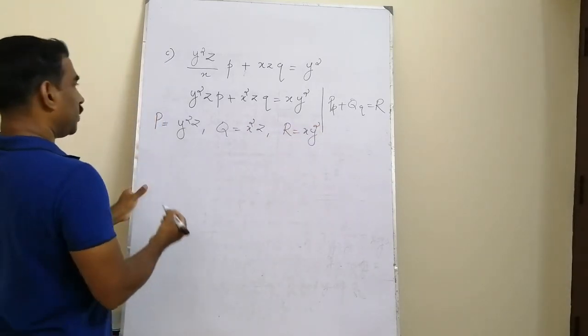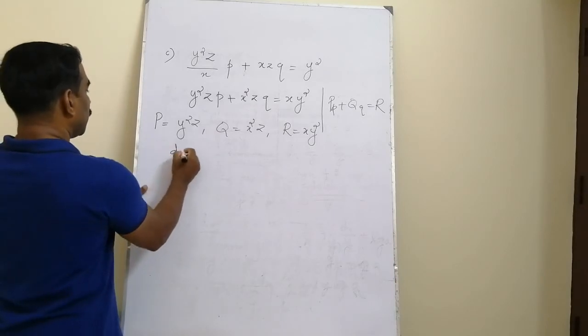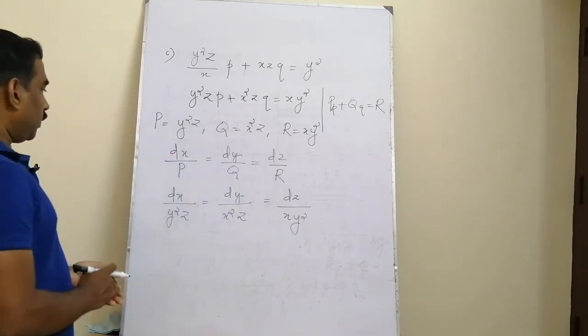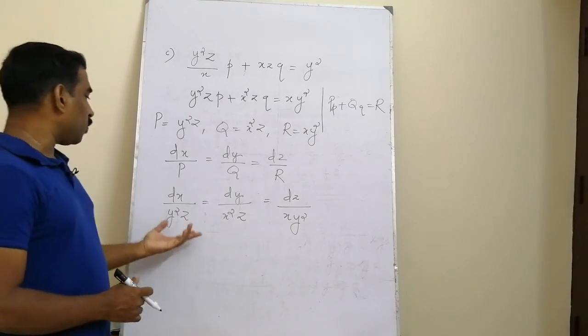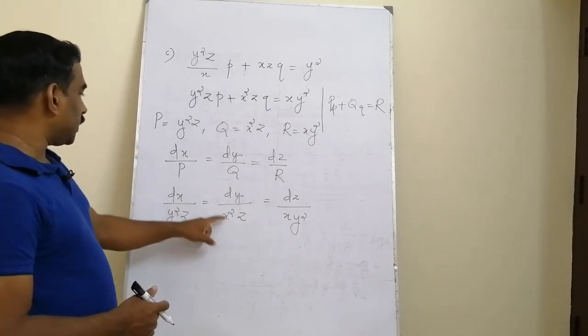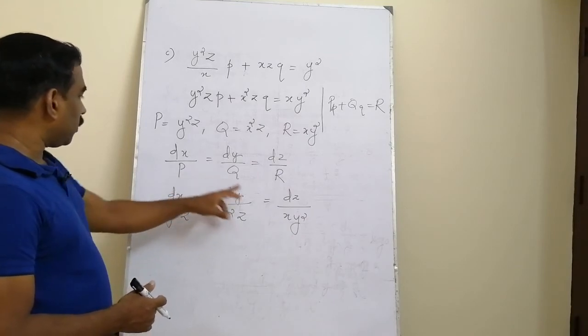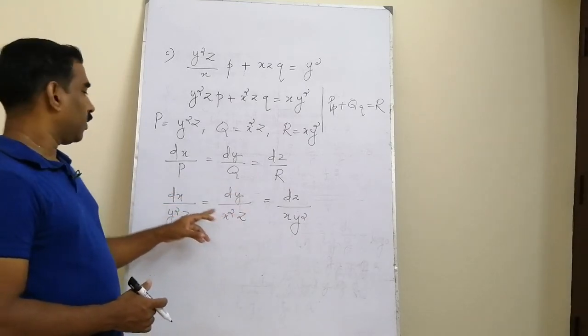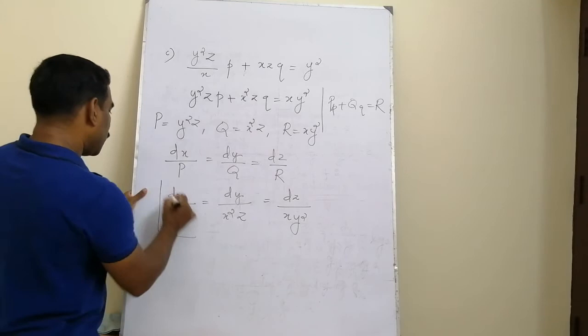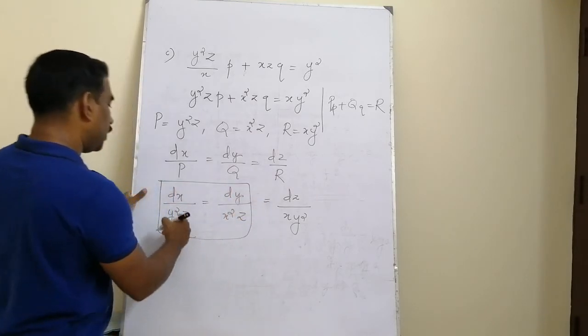Now what are the subsidiary equations? The Lagrange subsidiary equations are, now we have to check whether the grouping method is possible. At present they contain all the three variables x, y, z. But if we take the first and second ratio, we can eliminate the third variable.